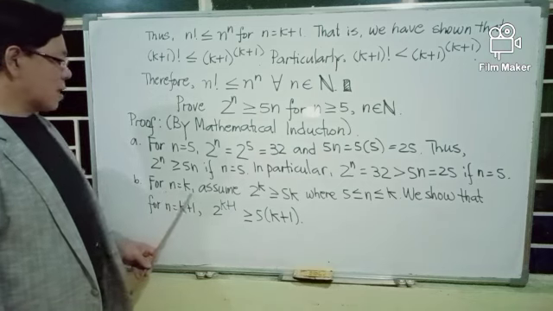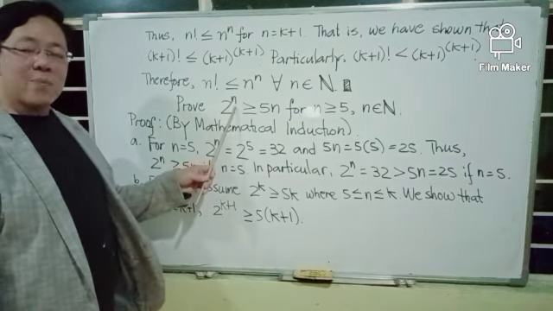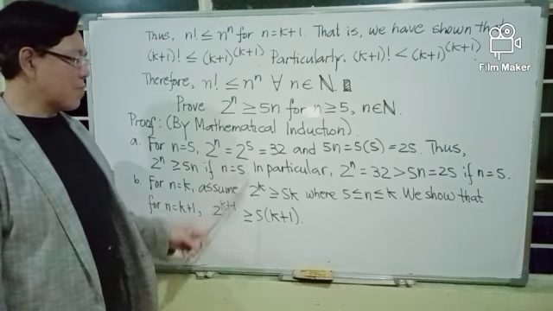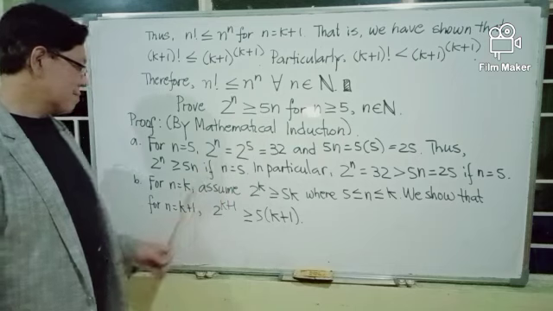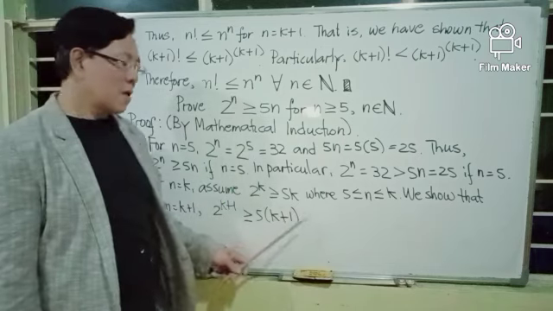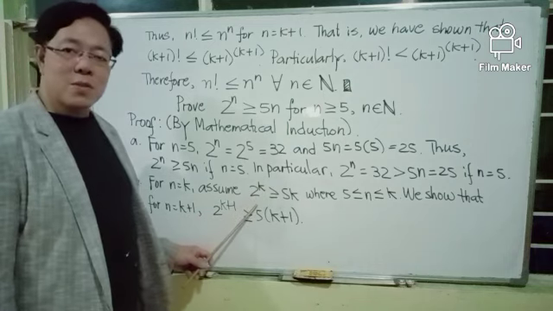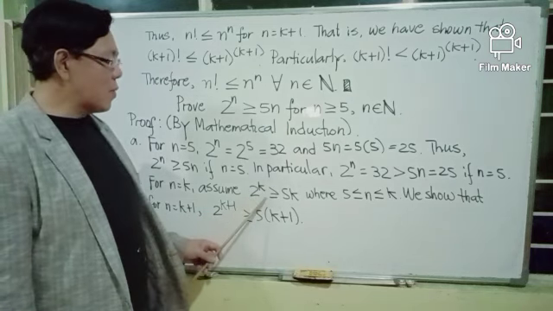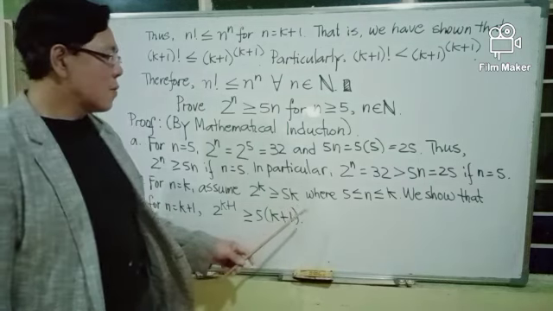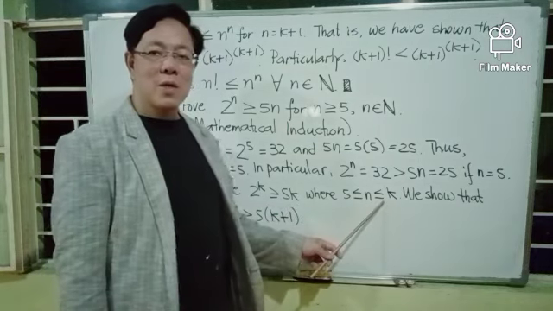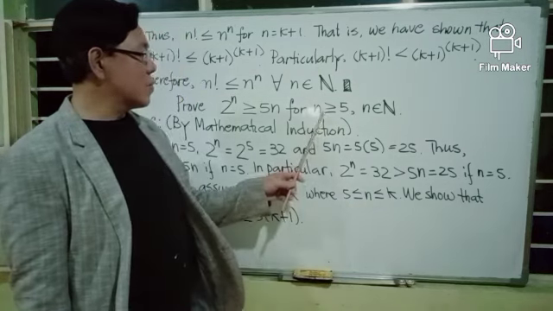For n equals k, we replace n with k, and you get 2 to the power k greater than or equal to 5k. We assume that this inequality is true, that is 2 to the power k is greater than or equal to 5 multiplied by k, where k is greater than or equal to n and n is greater than or equal to 5.